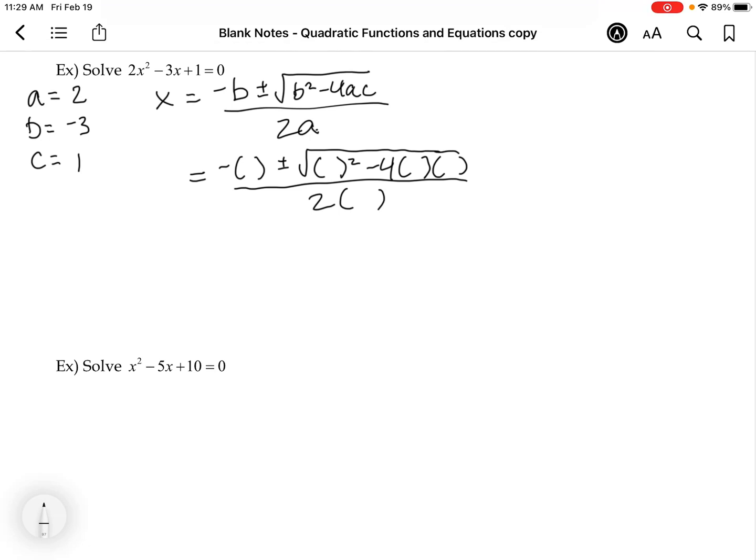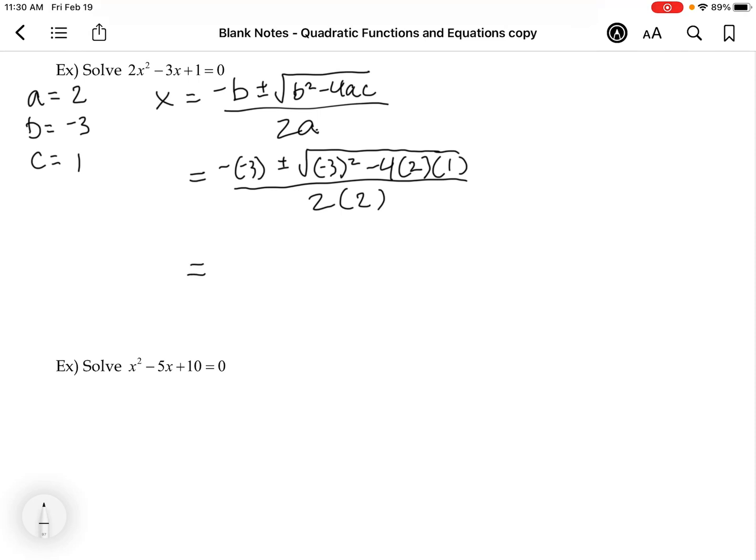Okay, and then for b, I'm going to put in -3 plus or minus the square root of b squared, so -3 squared, minus 4 times a times c all over 2a. Okay, because one thing that people often do with the quadratic formula is make substitution errors. So now we just have to do some evaluation.